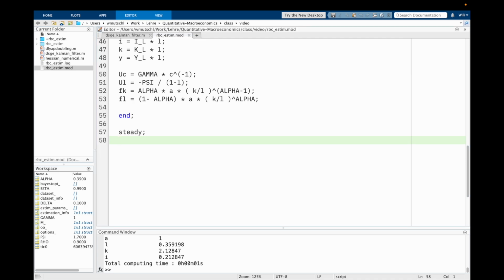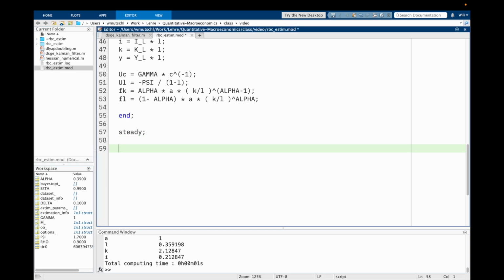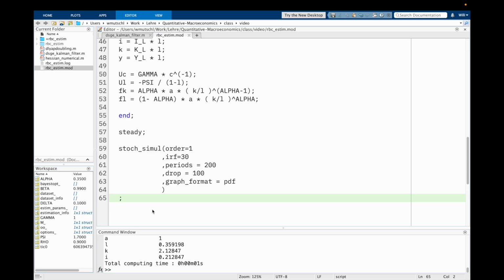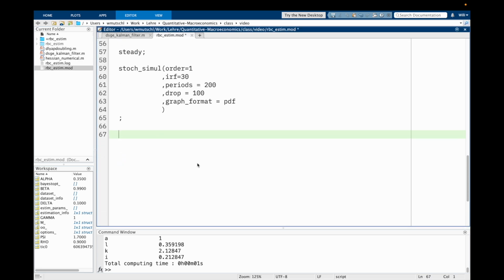Okay, and we've seen that there is a command called stochastic simulations that uses first order perturbation approximations to get a linear state space system, and this is then used to simulate 200 data points. Now I'm gonna store data from these simulations.